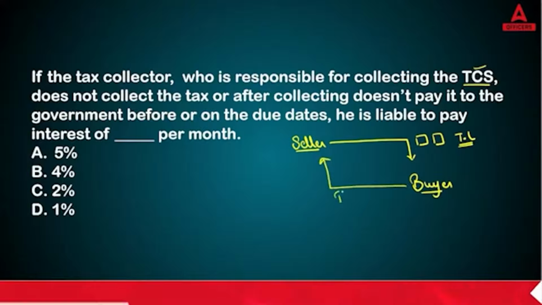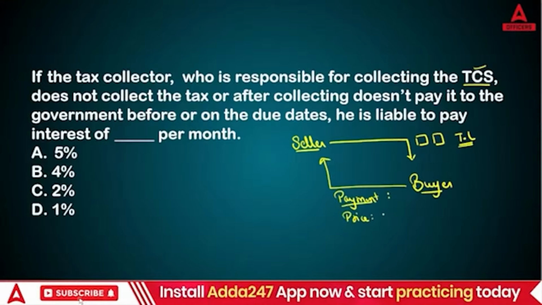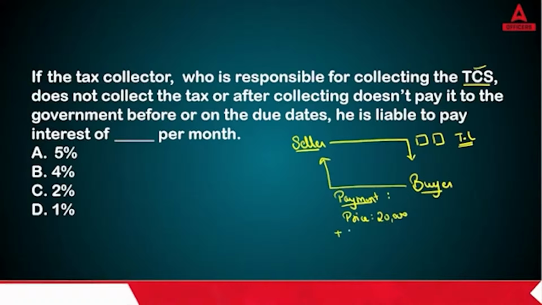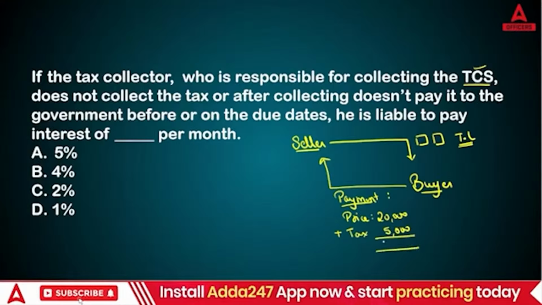Yes. So here, let's say buyer is paying price of the tendu leaves, let's say that is 20,000. Plus, along with this price, here buyer needs to pay tax amount, let's say 5,000 rupees. So total amount buyer is going to pay, that is 25,000.